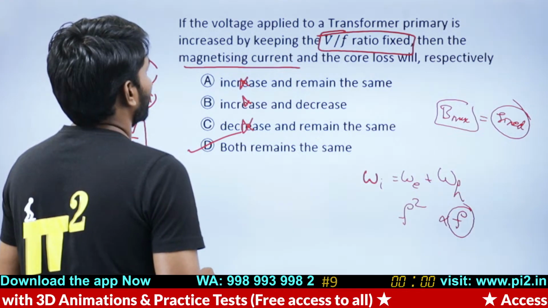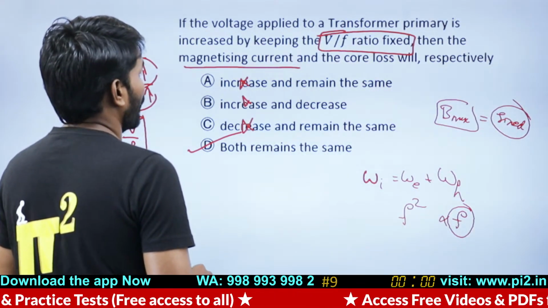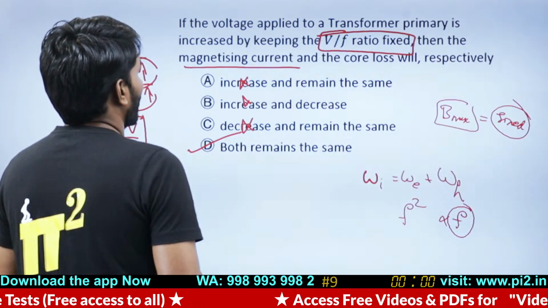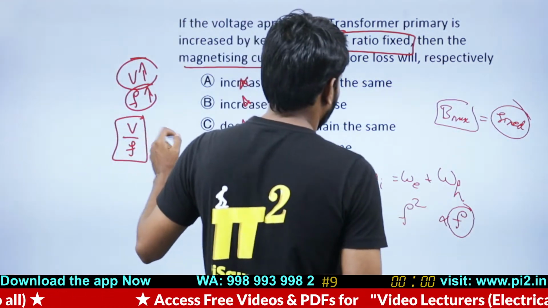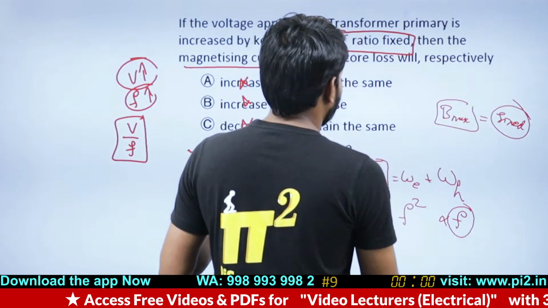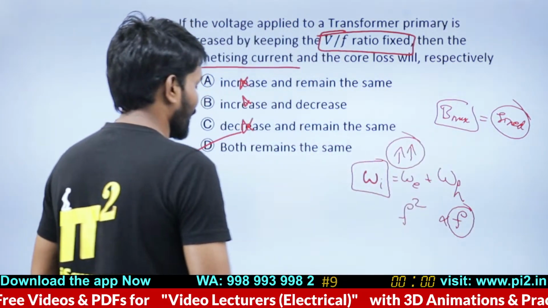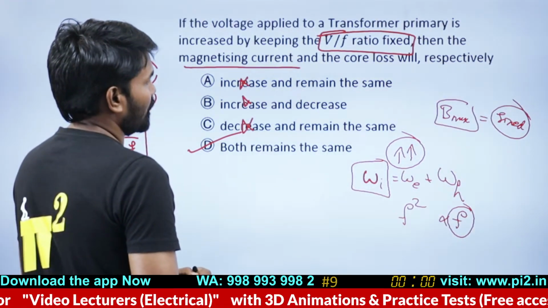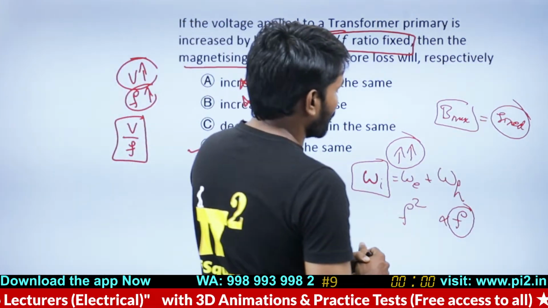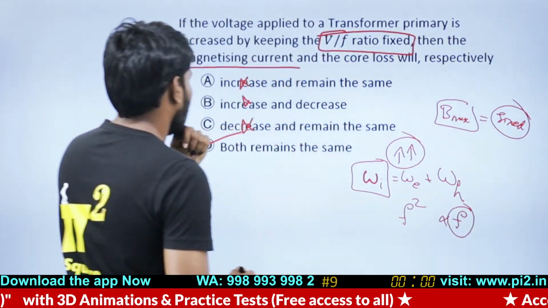Very good. So it seems we got wrong options, because by increasing frequency, iron losses are increasing. Eddy is proportional to frequency square and hysteresis is proportional to frequency.